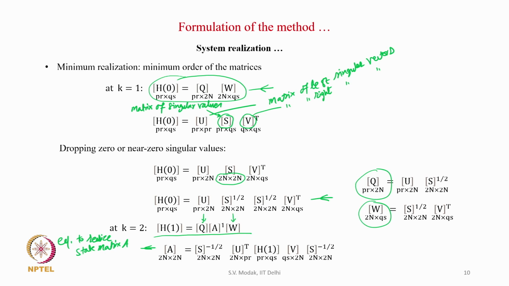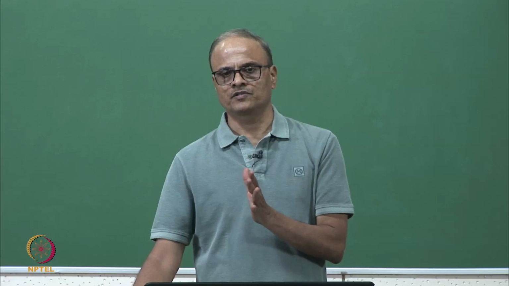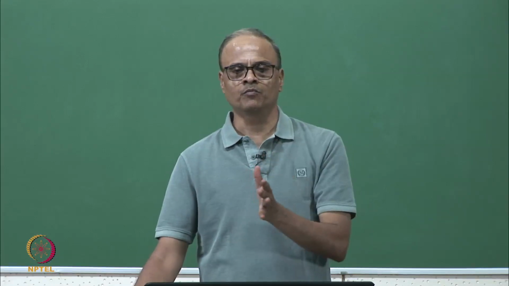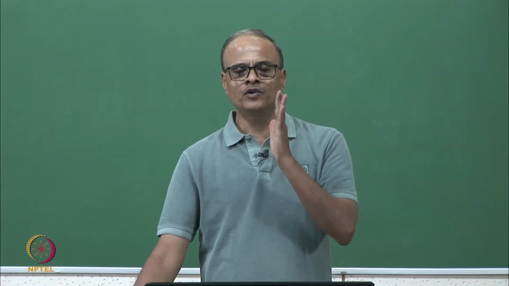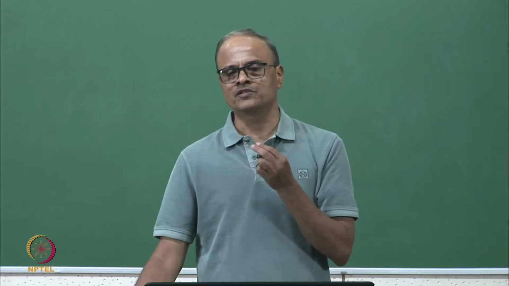With this equation we can find the state matrix. To do that, we first of all need the singular value matrix S and matrices U and V, the matrices of left and right singular vectors. How do we obtain that? Once we have the free pulse responses measured at the output locations of interest, we choose two consecutive instants.